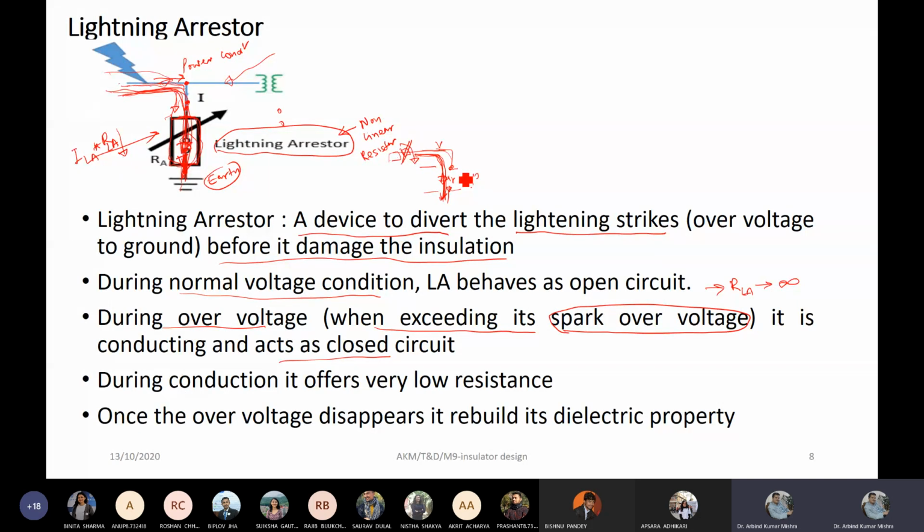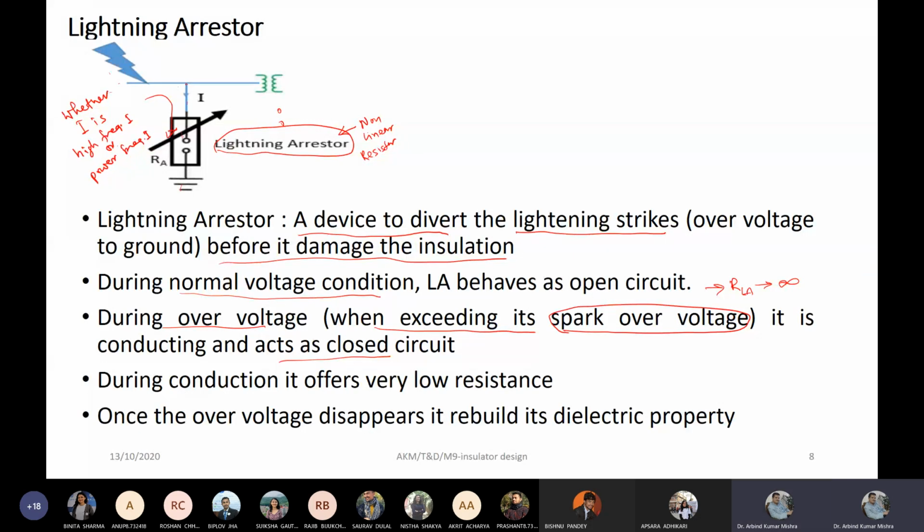But in the case of an advanced lightning arrestor, they have the ability to sense whatever current is flowing through the lightning arrestor, and distinguish whether it is a high frequency current or a power frequency current.